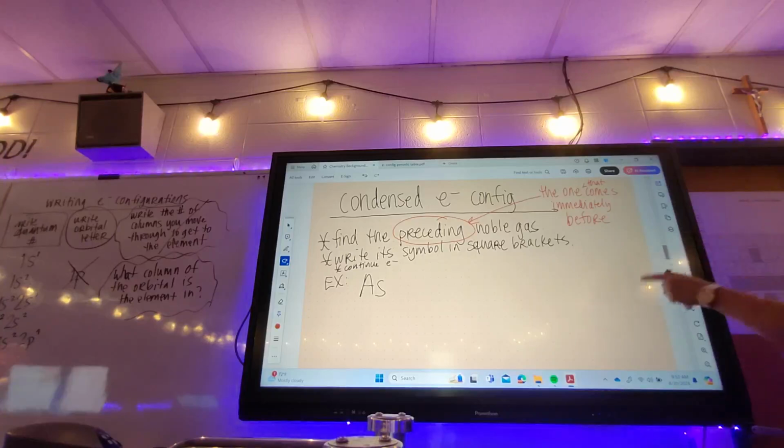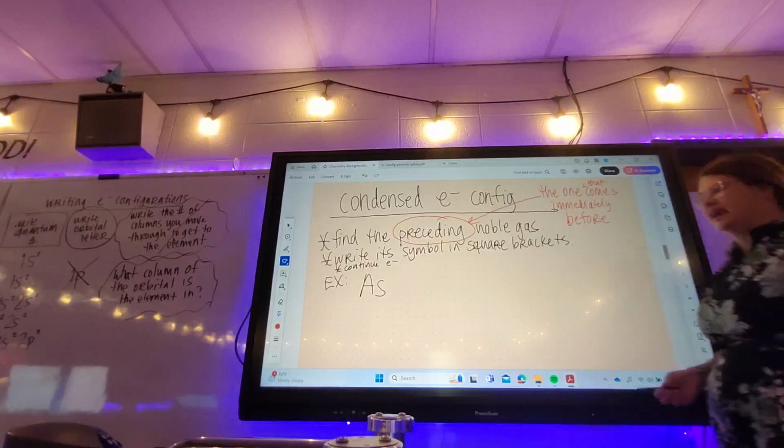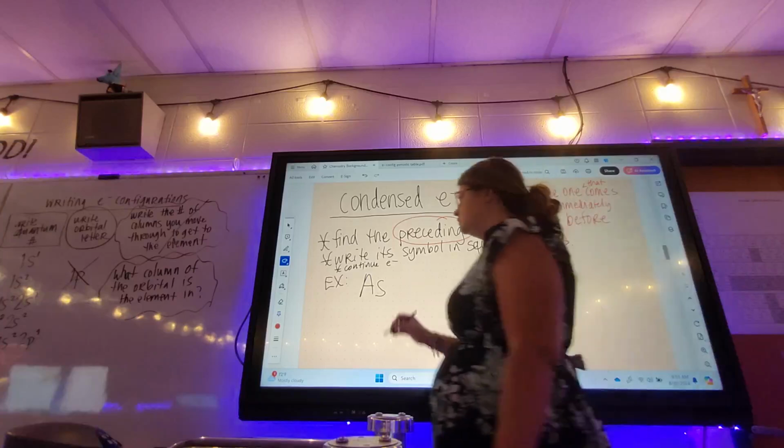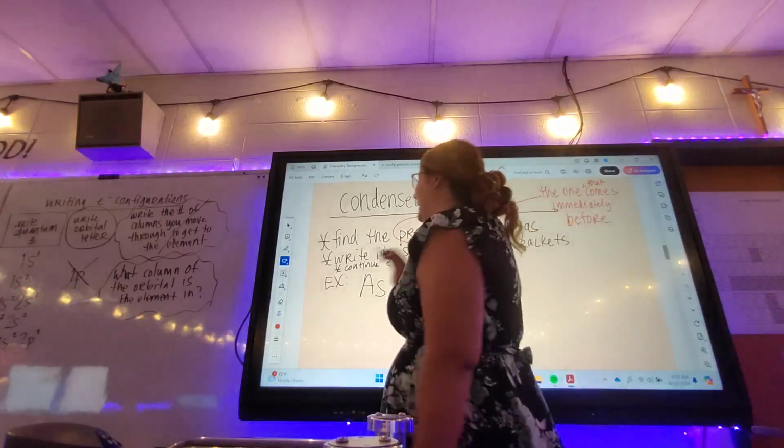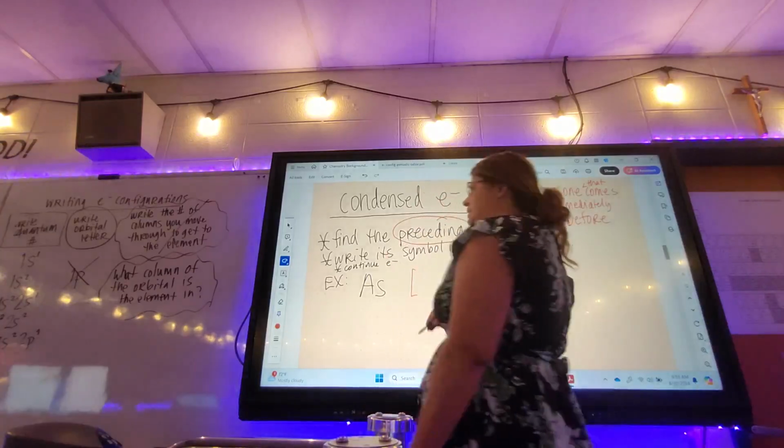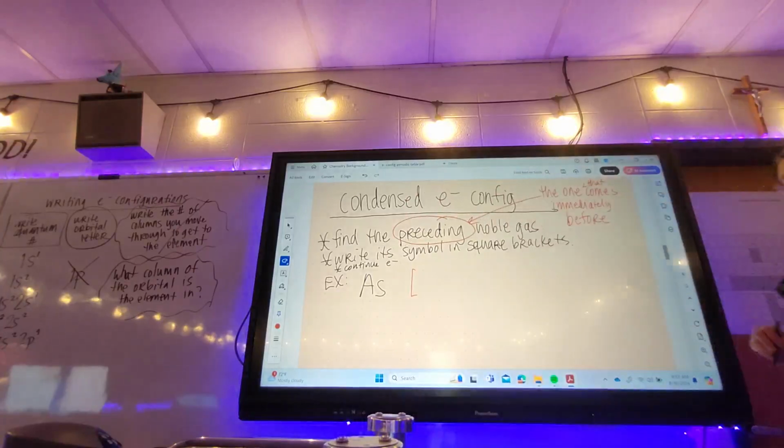So arsenic is in the 4th row. So I would have to choose the noble gas that is in the 3rd row. Do you remember what column the noble gases are in? 8A. So the noble gas that's in 8A, that's in the 3rd row, is argon.